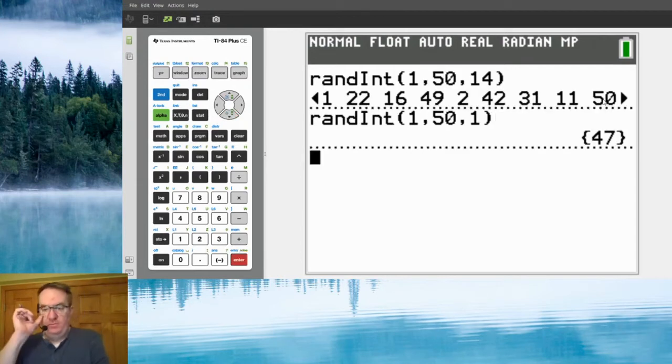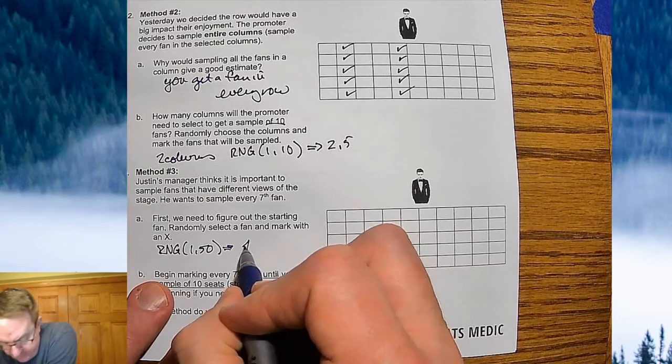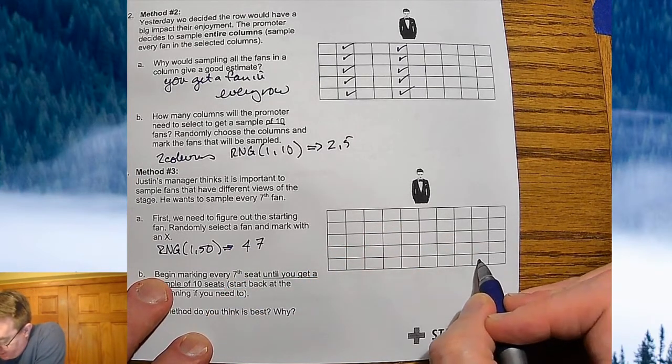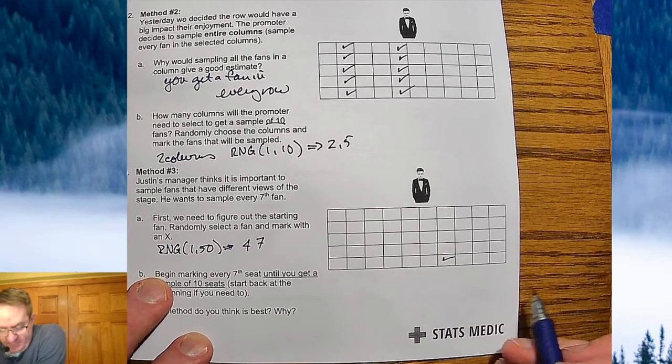We run it and we get 47. So that means I'm going to start, if this is 50, this is 49, 48, 47.